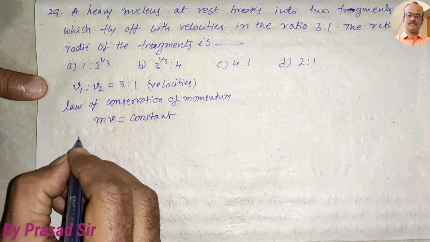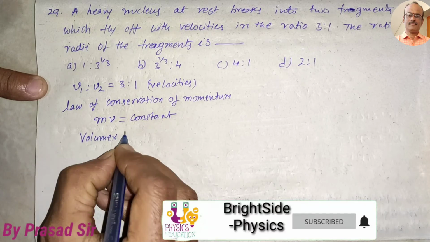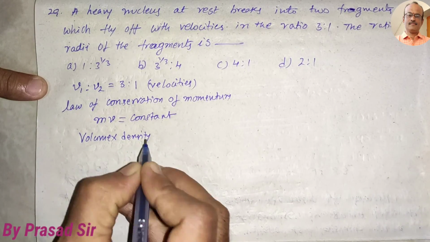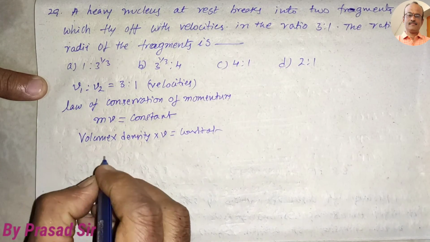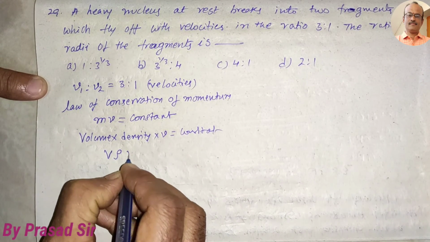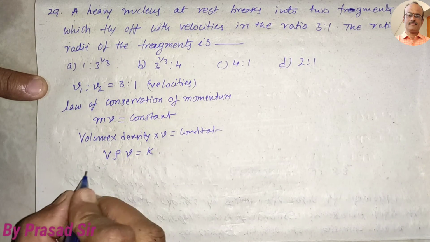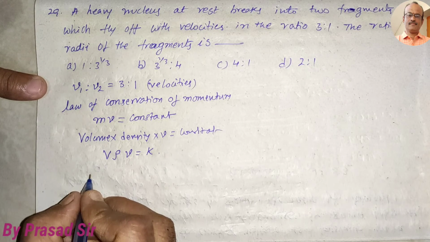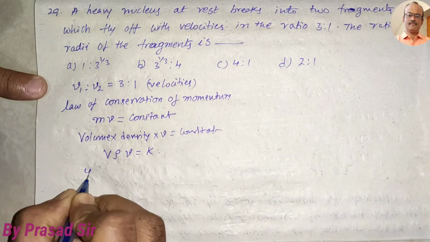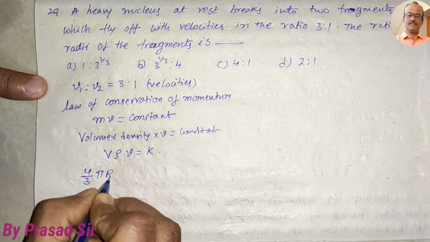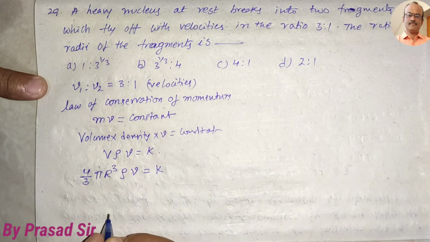Here mass means volume into density into speed is equal to constant, some constant k. Here volume means, the heavy nucleus at rest breaks, so that is sphere in shape. So that's why 4/3 pi r cube into rho into speed is equal to some constant k.